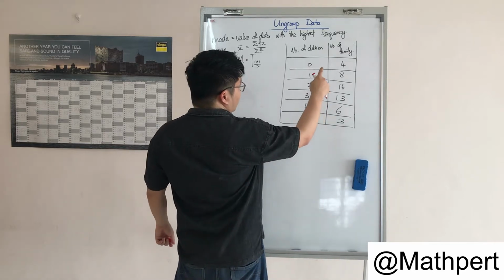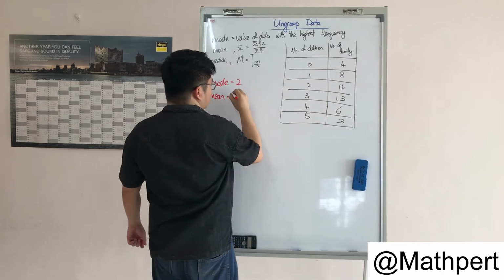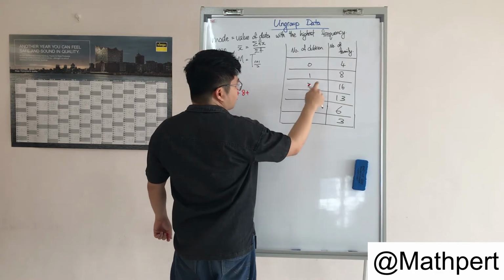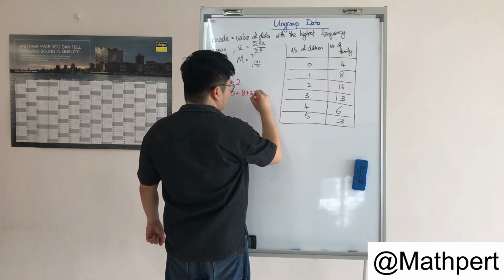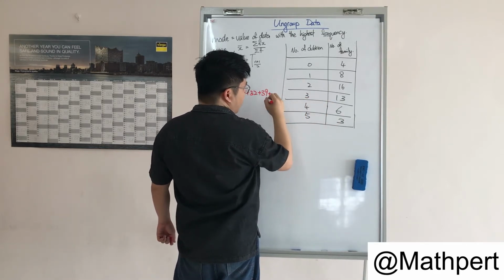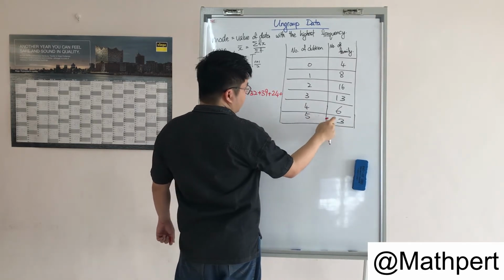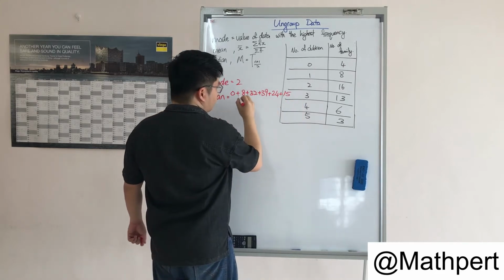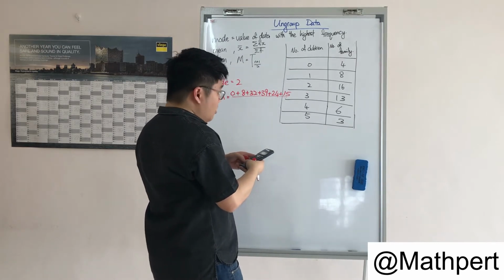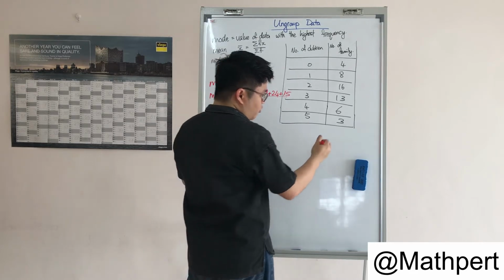So here, fx: 0 multiply 4 is 0, plus 1 multiply 8 is 8, plus 2 multiply 16 is 32, plus 3 multiply 13 is 39, plus 6 multiply 4 is 24, plus 5 multiply 3 is 15, divided by how much is here? 4 plus 8 plus 16 plus 13 plus 6 plus 3. We have a total of 50.